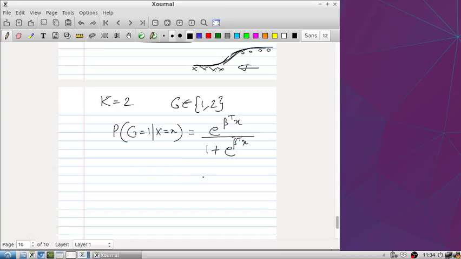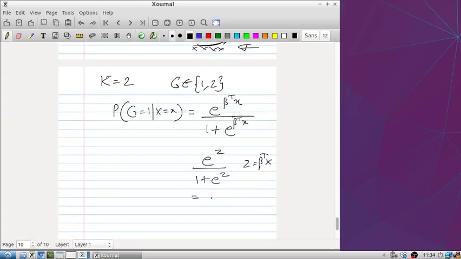This function is essentially e to the power z divided by 1 plus e to the power z, where z is equal to beta transpose x. I can rewrite it as 1 over 1 plus e to the power minus z: divide each term by e to the power z, so you have 1 in the numerator and 1 plus e to the power minus z in the denominator.